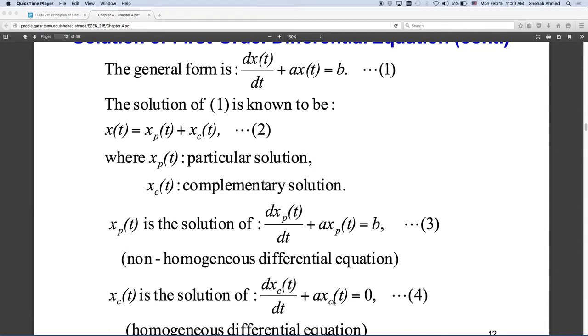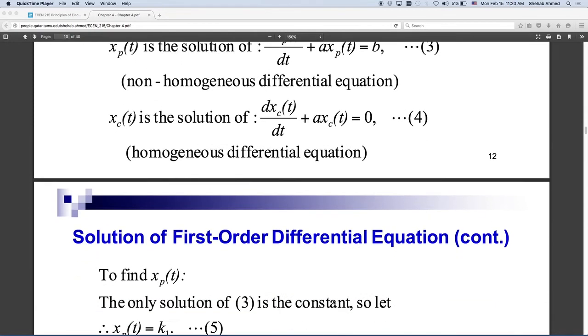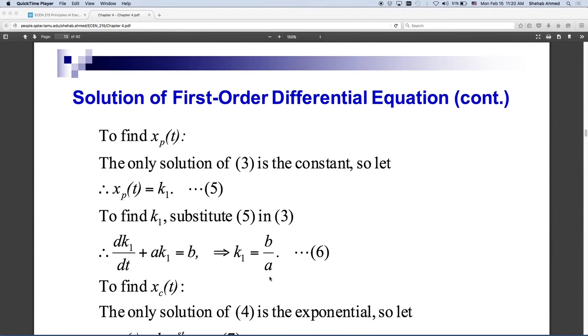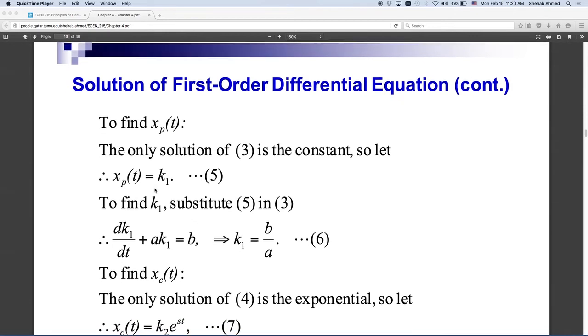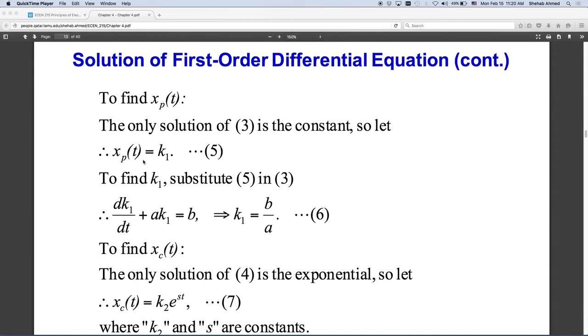So the general format of the solution for the equation was a constant plus the exponential function multiplied by a constant. What the particular solution adds is nothing but a constant to the full solution of the differential equation. So now I end up with x of t equal to a constant. That's the particular solution, and then the complementary solution is the exponential. Adding them together is the solution to the full differential equation, the constant plus the exponential.